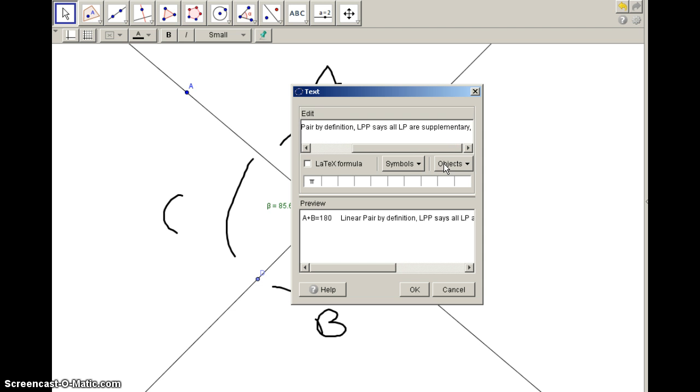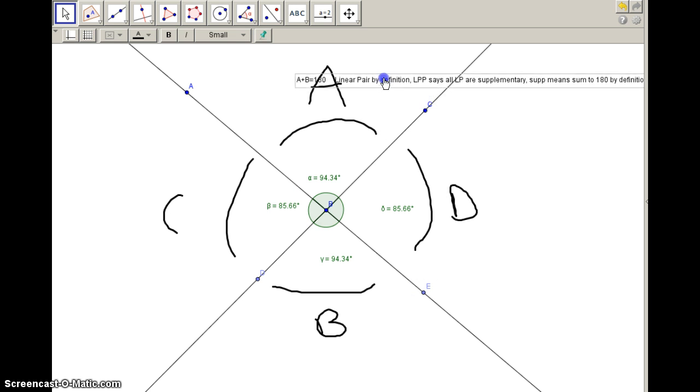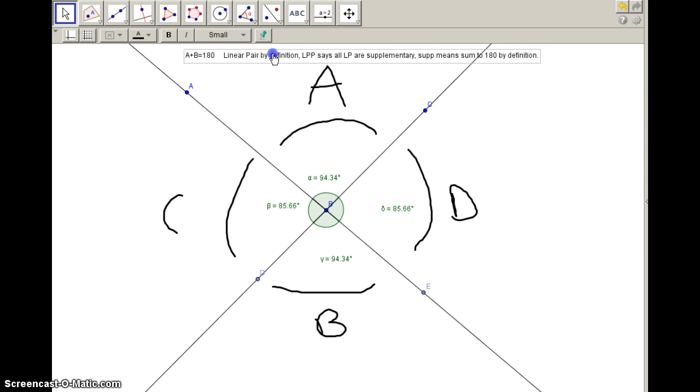And supplementary means that their sum is 180 by definition, right? So that's basically the logic behind the claim that A and B equals 180 degrees. So I'll put that right there for you.